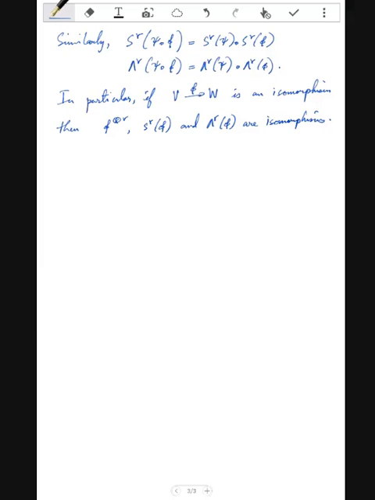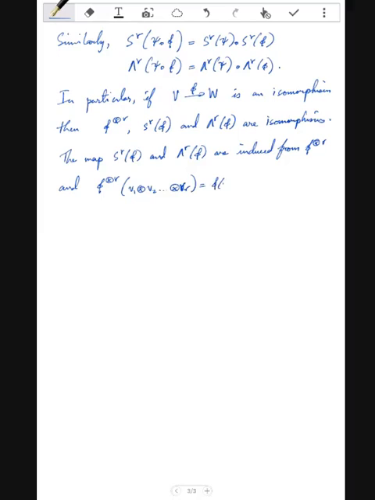The maps S^r phi and exterior r phi are induced from phi tensor r, and phi tensor r on pure tensors v1 tensor v2 tensor up to vr is obviously defined by phi of v1 tensor phi of v2 tensor up to phi of vr. So the details are left to the reader.